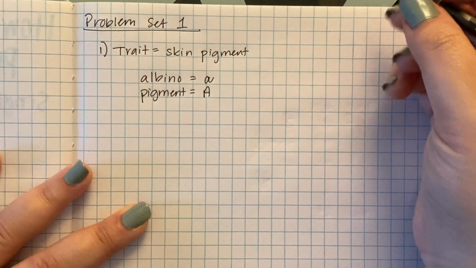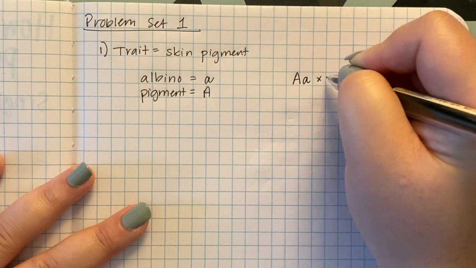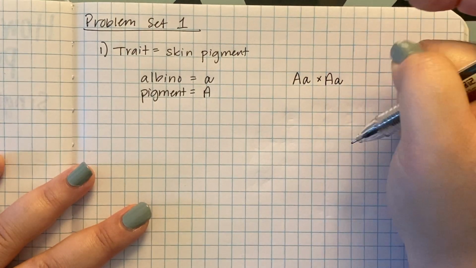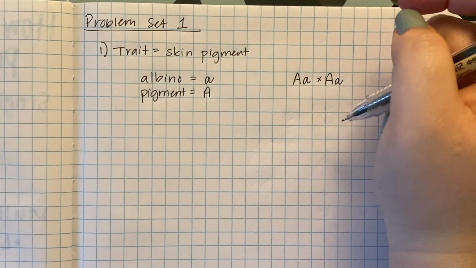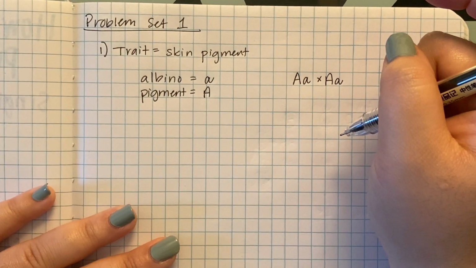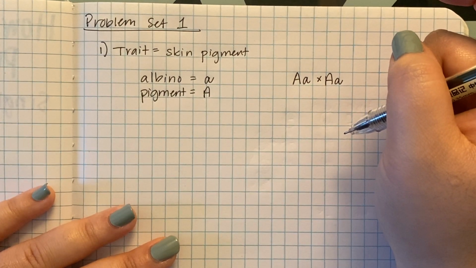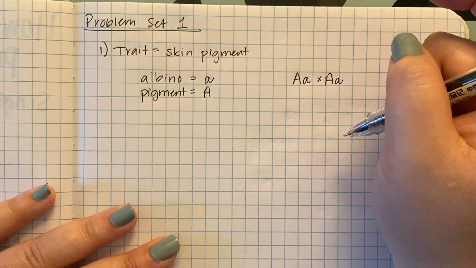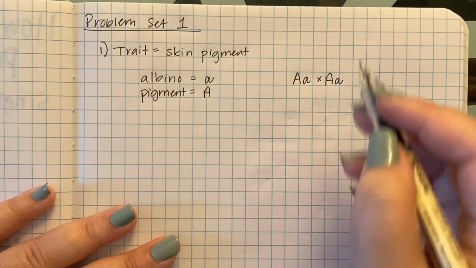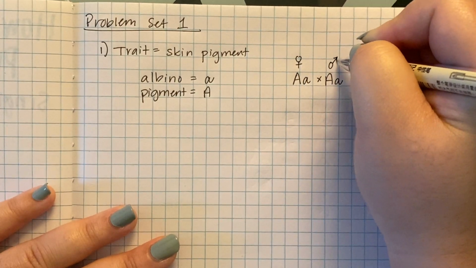It says 2 individuals that are both heterozygous are crossed together. And then it asks, I think it says something like, what are the chances of having a pigmented versus albino offspring? So let's just say this is the mother, this is the father.